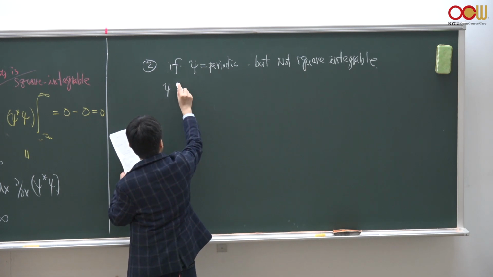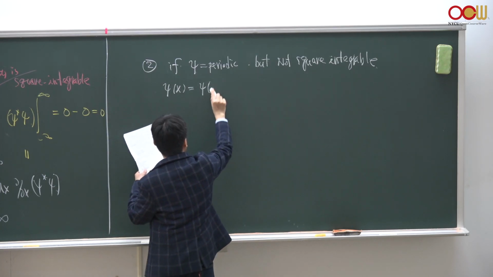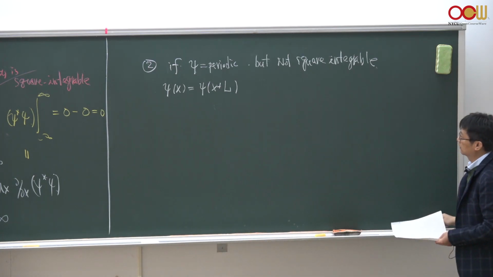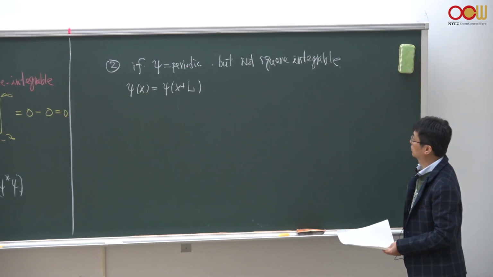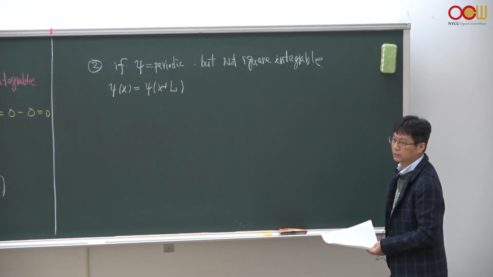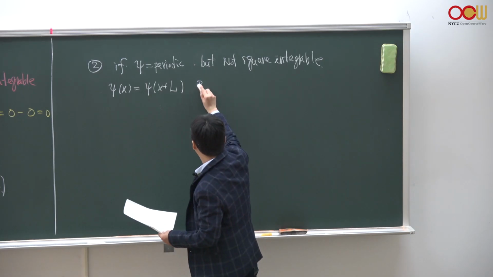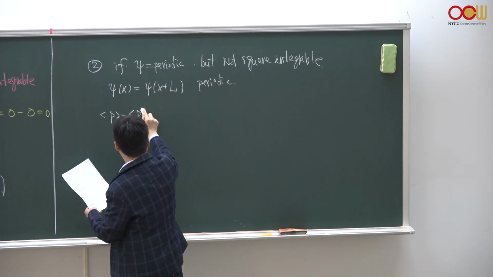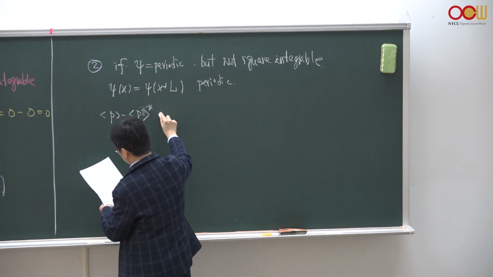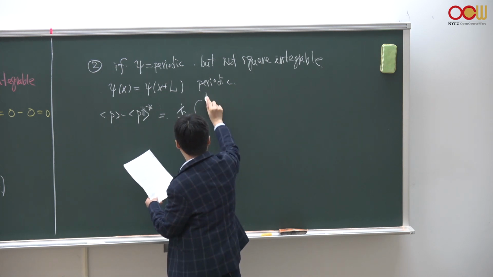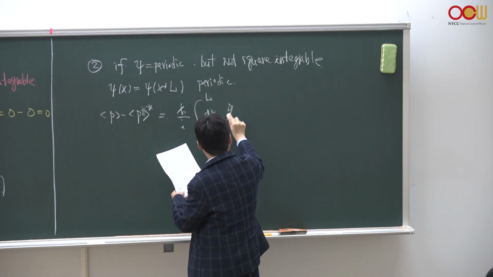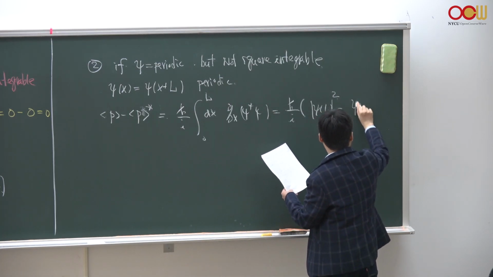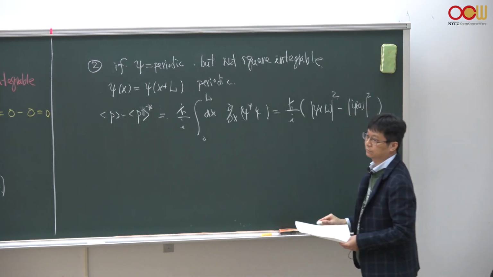As long as psi is a periodic function, meaning that if you shift the position x by some period capital L, psi of x plus L is the same as psi of x, then I can again evaluate this difference, integrating over the entire period, and you end up with the difference of psi squared evaluated at the endpoints.